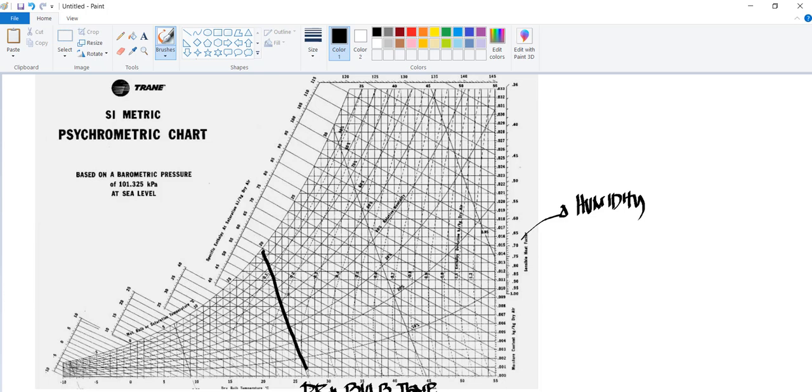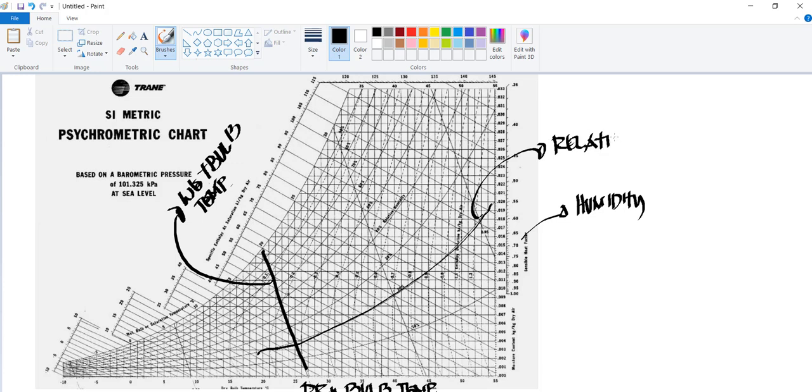So this slanting line is your wet bulb temperature. Then the lines that are curved are the relative humidity. Then we have the specific volume.